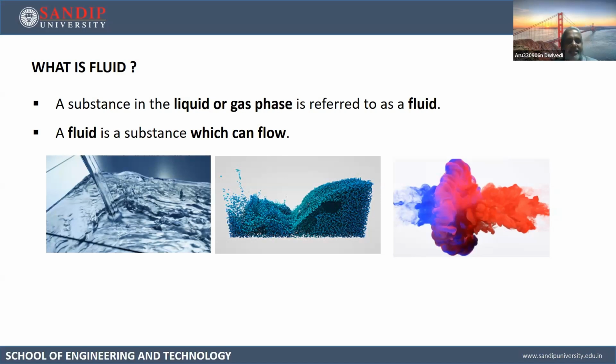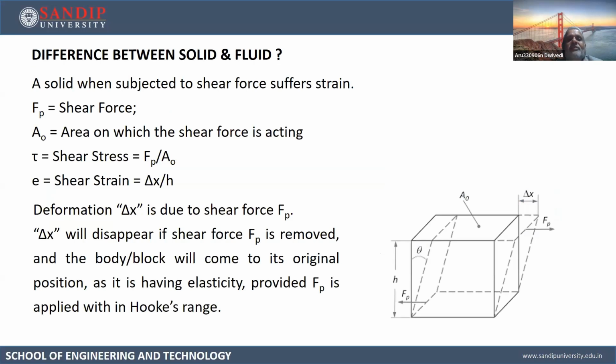Now the question comes in. Initially I asked one question: what is fluid? Fluid is a substance which can flow. Now the answer to the question of what is flow is a little bit difficult; it is not easy to answer. Now you see what happens in the case of liquids or gases: whenever the flow is taking place, the velocity of the different layers is different.